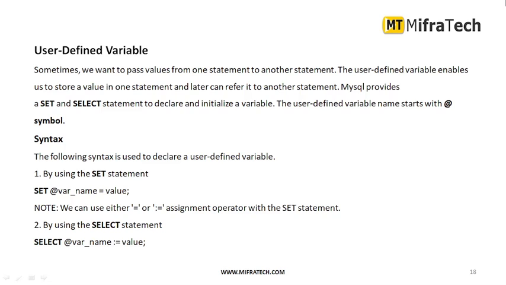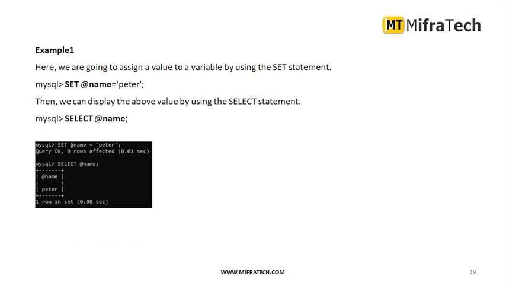Using the SET statement: SET @variable_name = value. Note that we can use either the = or := assignment operator with the SET statement. Using SELECT: SELECT @variable_name and the value. You can see the example here.